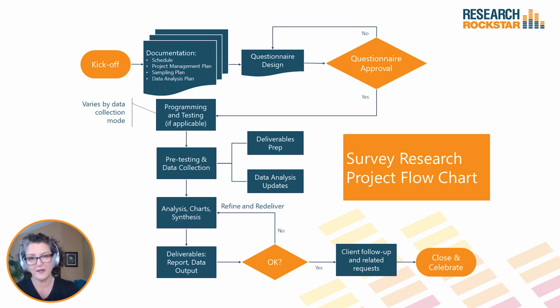And then the fourth aspect that needs to be documented is the data analysis plan. And this is a document where you're basically saying, what are the variables that are going to be most important to meet the objectives of the project? And also what types of data analysis you plan to do when you come out of data collection. So you've got your data in hand. Now what? Are you just going to be running frequency distributions?